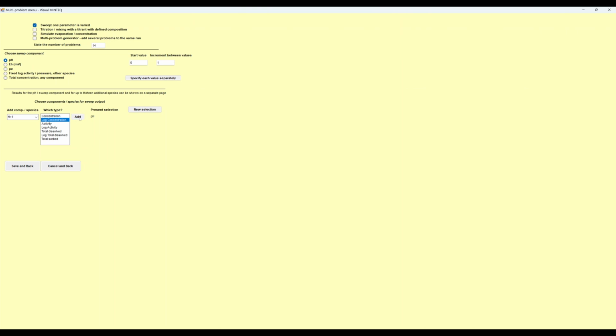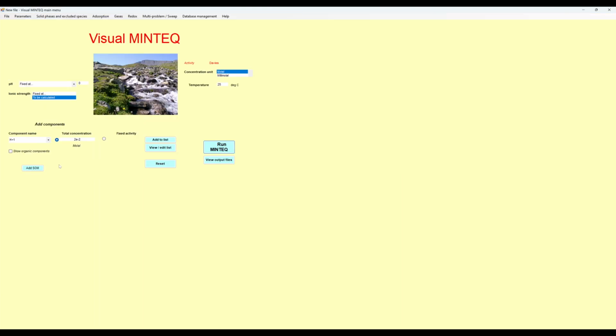So we add it for proton, we add it for hydroxide, and then we add it for the carbonate species, H2CO3, then HCO3 minus, and then CO3 2 minus. So we should have 5 lines, one for each species, all log concentration, and all as a function of pH. So save and back.